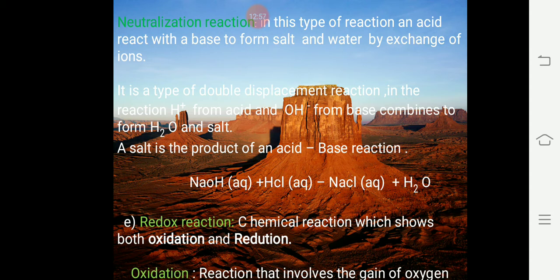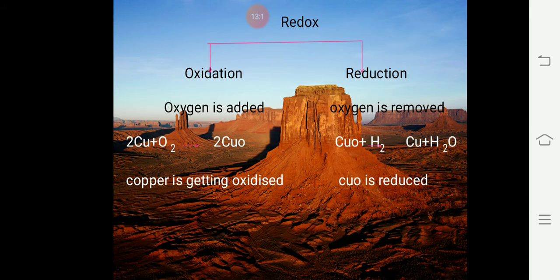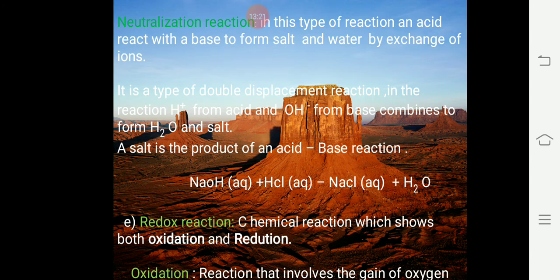See the definition: in this type of reaction an acid reacts with a base to form a salt. In acid it comes from H plus, and in base it comes from OH minus. Here H plus means acid, OH minus means base. These two react to form H2O and salt. This is the neutralization reaction.